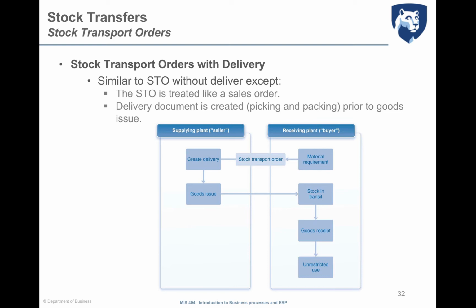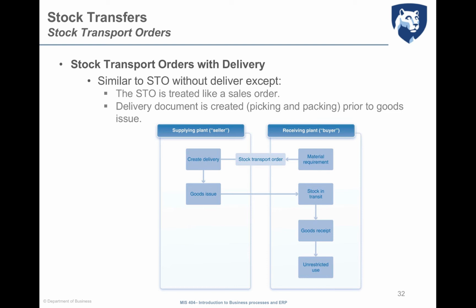While instead, in the first case, the delivery task was in charge of the receiving plant. Why is it interesting to highlight this scenario? Because when we talk about the fulfillment process, we should remember the fact that the shipping step includes additional tasks, such as creating a delivery document, picking activities and packing activities.